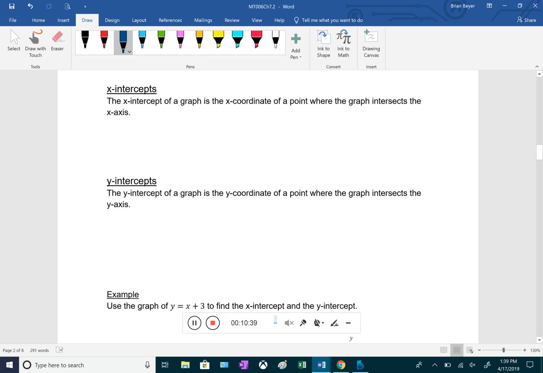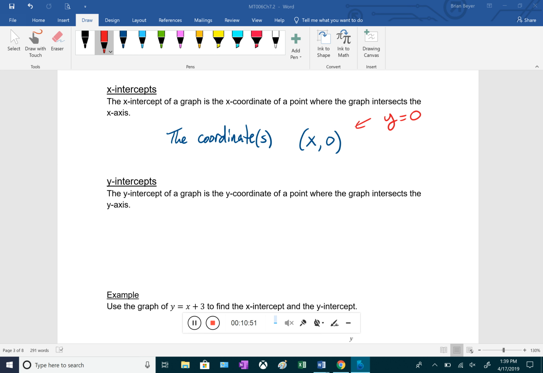Okay, so to the next thing, the x-intercepts. The x-intercept of a graph is the x-coordinate of a point where the graph intersects the x-axis. As an ordered pair, it would be x comma 0, so x is the x-intercept, and y is always equal to 0 for the x-intercept.